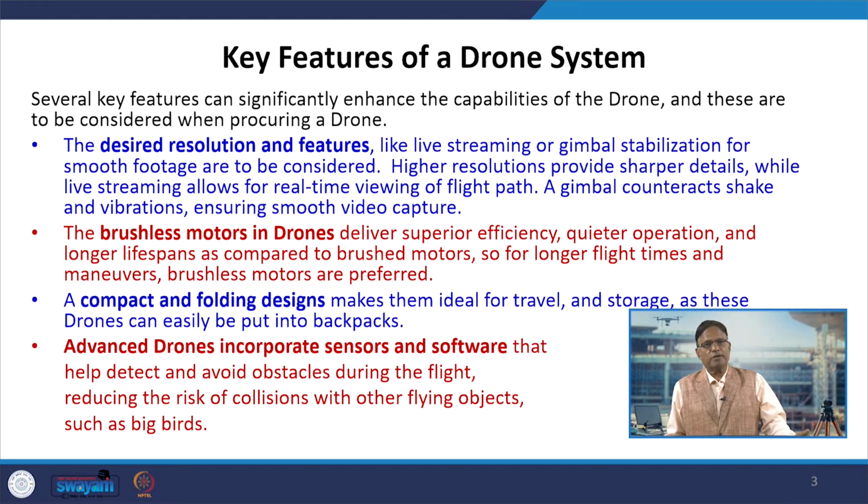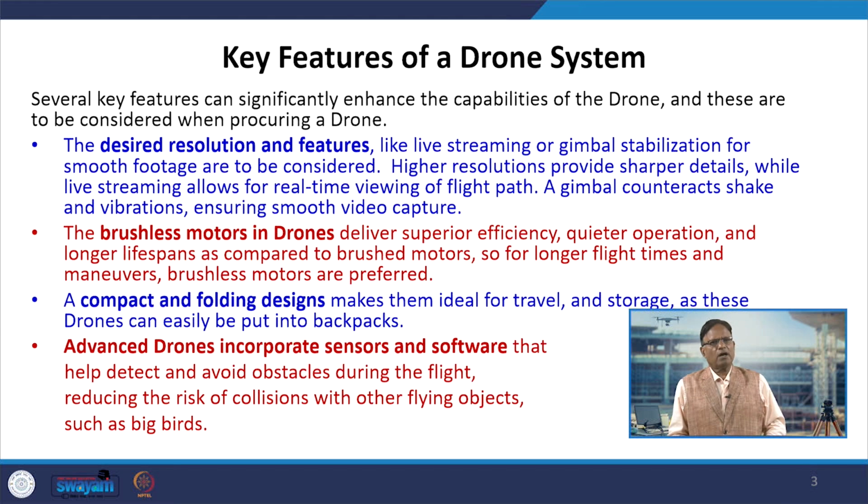Brushless motors, which are very common nowadays in modern drones, give us superior efficiency, quieter operations and longer lifespans. We should also have a very compact and, if possible, folding design of the drone system so that carrying it from one place to another and its storage is very easy.